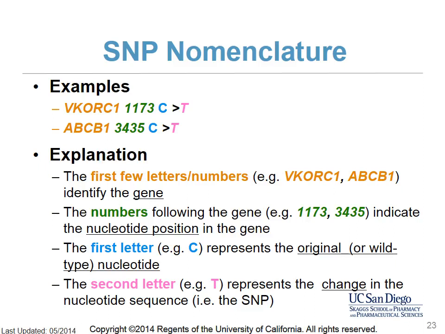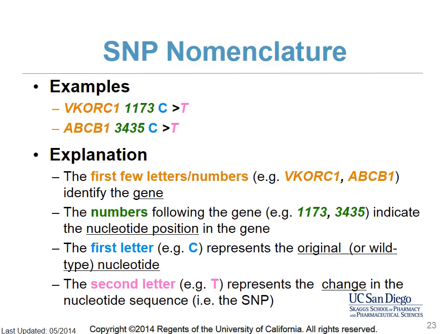Our 2 examples are VCOR-C1 1173C to T and ABCB1 3435C to T. The first few letters and numbers, such as VCOR-C1 and ABCB1, are the gene abbreviation. The number after the gene name is the nucleotide position within the sequence of the gene.